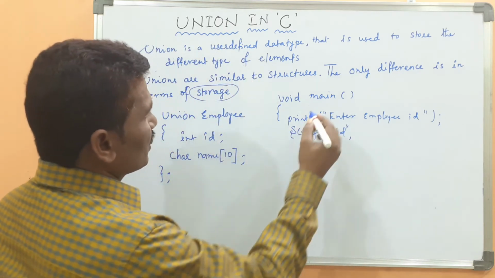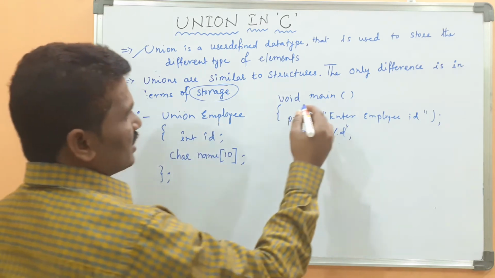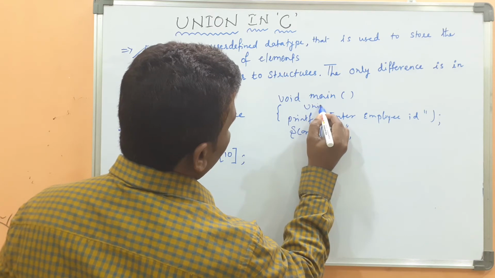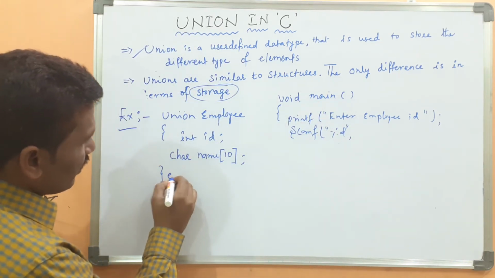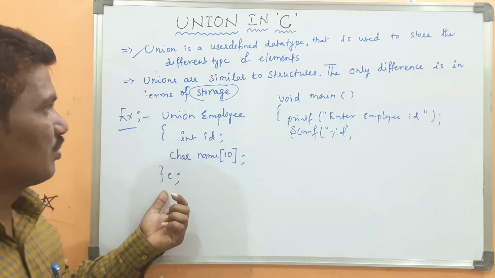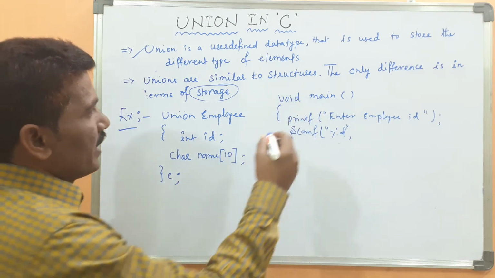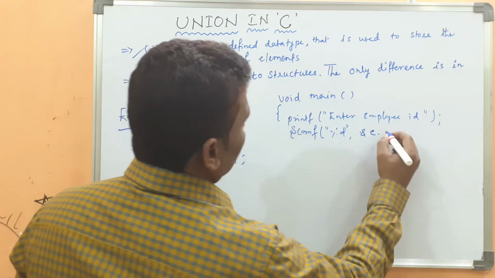Here first of all you should create the employee variable, the structure variable like a union variable, union employee e. There you can declare the structure variable or union variable here or there. Then address of e dot id.